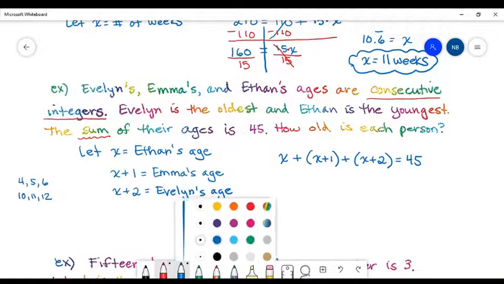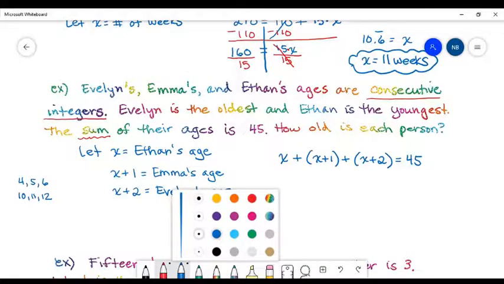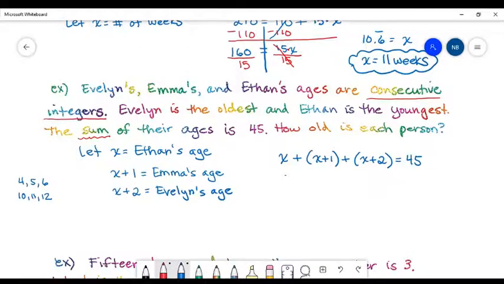All right, now each of these parentheses is preceded by the number 1. So basically the parentheses aren't necessary, so I'm just going to drop them. X plus X plus X is 3X, and 1 plus 2 is 3, and that's equal to 45.